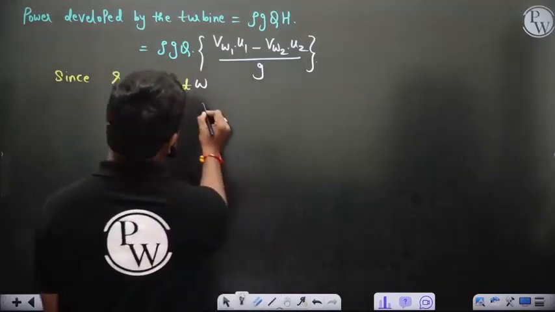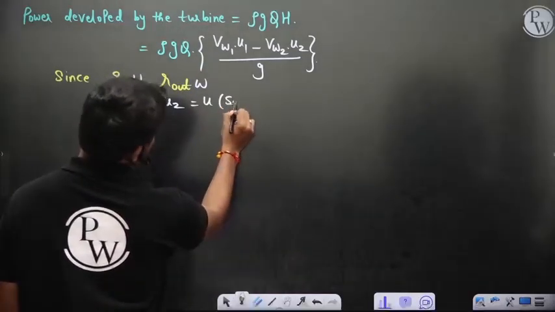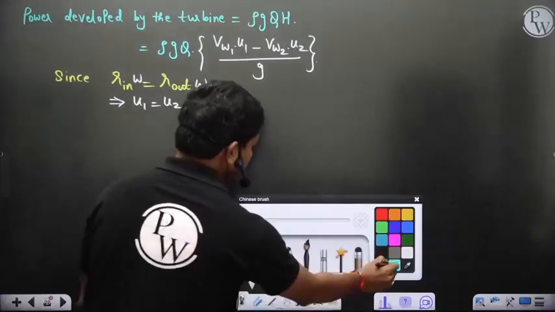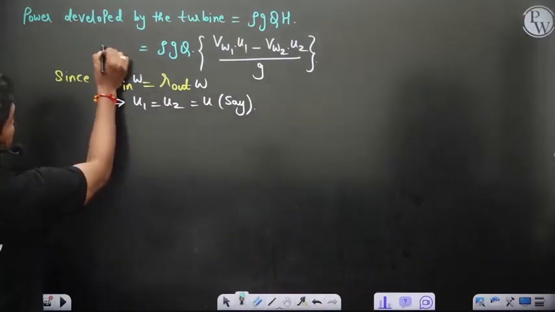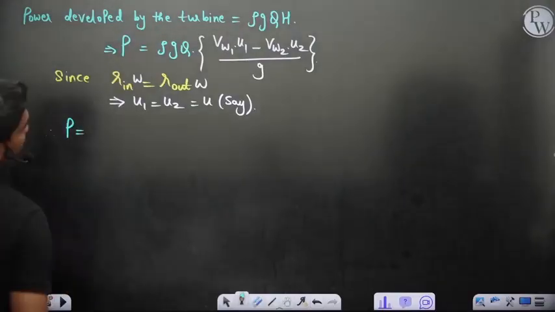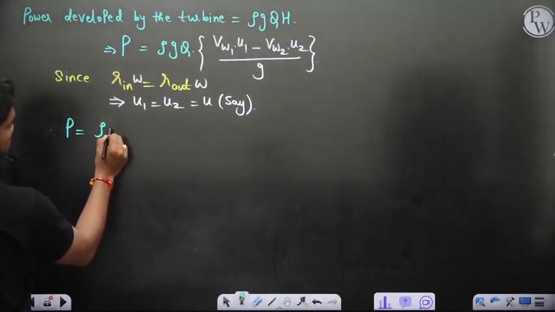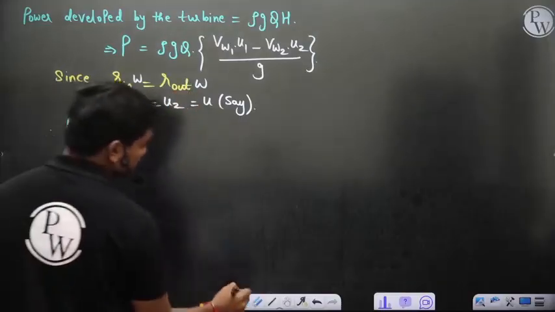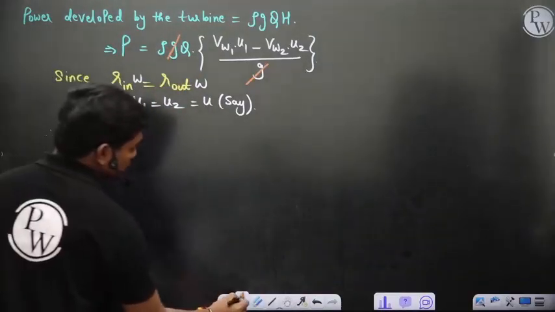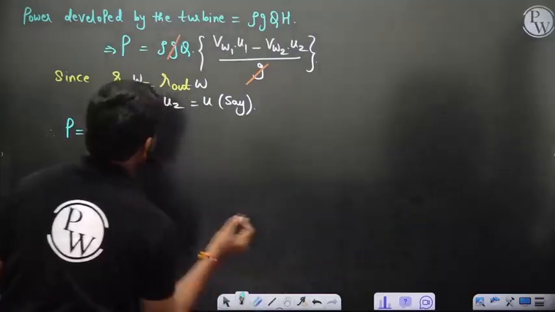So let's say this is U. This is U, of course. Therefore, P is equal to rho Q, g and g gets cancelled, of course. Okay, so g and g gets cancelled. So rho Q times of VW1.